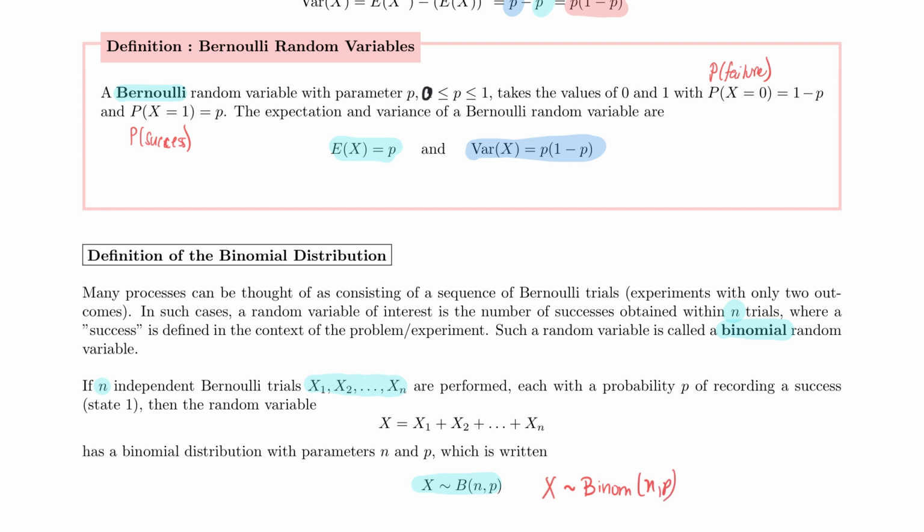So if you're looking in a different text about statistics and you see binom instead of just plain B, that's probably why. And remember, n is our number of Bernoulli trials, and p is the probability of a success.